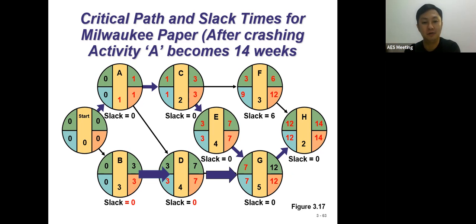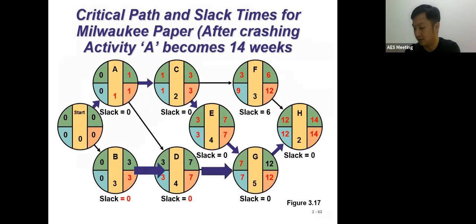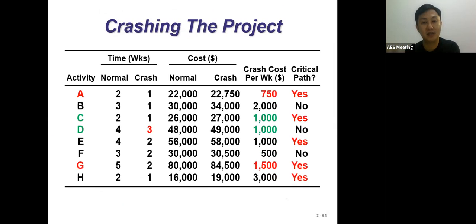Now let's go on to the next one, crashing activity. This is the summary for you. How do we get the crash cost per week? Crash cost per week is the crash cost minus the normal cost, divided by the normal time minus the crash time.